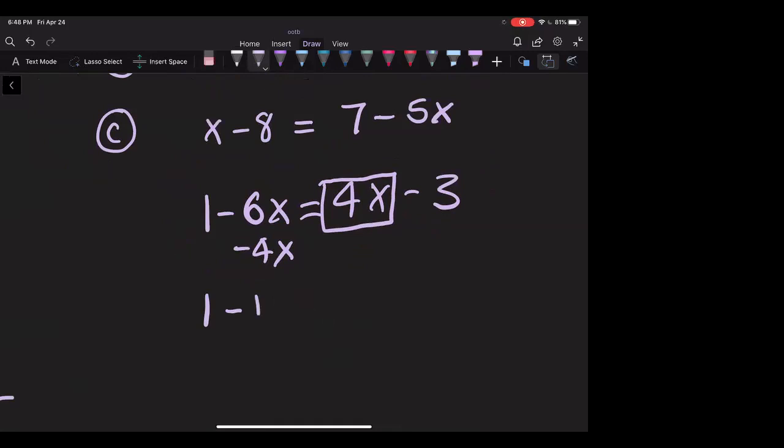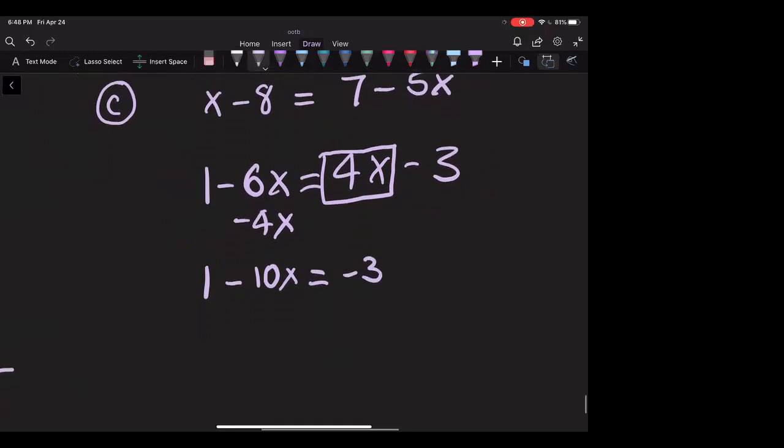Negative 10. Okay. Negative 6 minus 4 would be negative 10. And then that's equal to negative 3. Right?